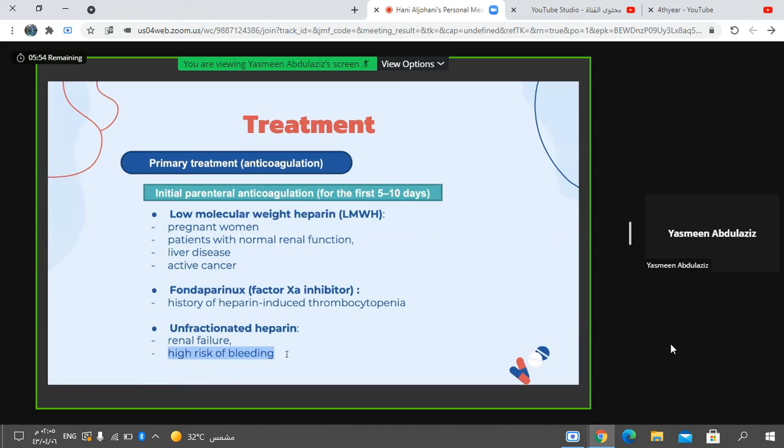Also for patients with high risk of bleeding. Another special situation is patients who have heparin-induced thrombocytopenia, which makes heparin, either low molecular weight or unfractionated, contraindicated for them. So we can use fondaparinux, which is a factor 10 inhibitor.